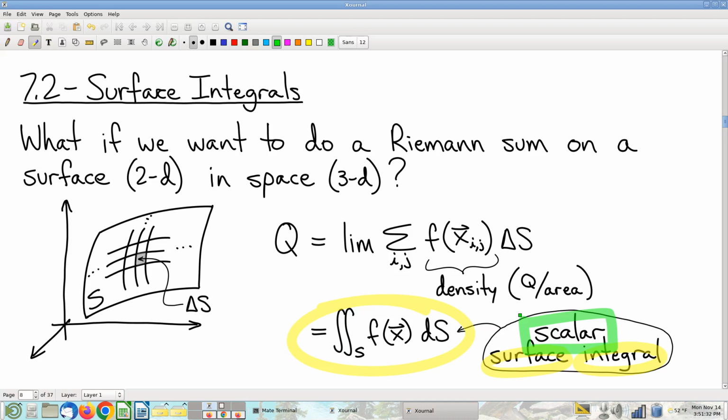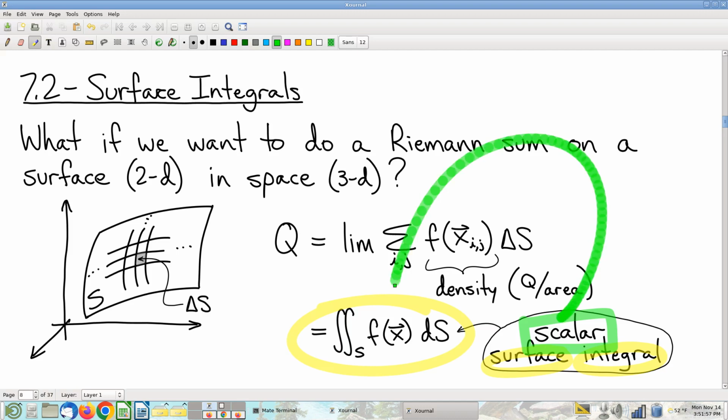You may recall we already did this with line integrals. We had scalar line integrals, where your integrand was a scalar. And we had vector line integrals, where your integrand was a vector. Like if you're computing work, your integrand is force. That's a vector. Anyway, two different kinds of line integrals. We're going to find ourselves with two different kinds of surface integrals.